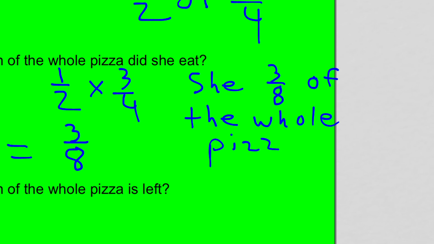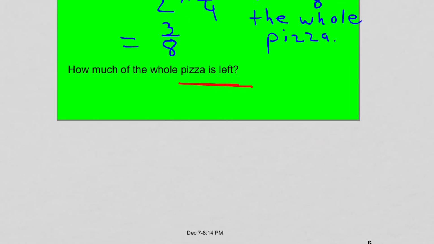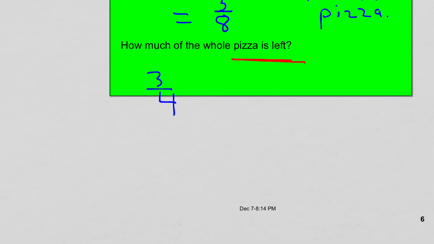Okay, last one. How much of the whole pizza is left? Well, left means subtraction. Now think about what just happened here. She started off with 3/4 of a pizza, and she ate 3/8 of the pizza. So she took away 3/8.